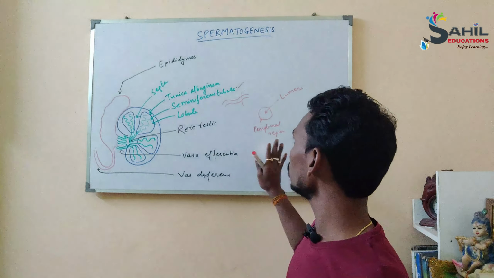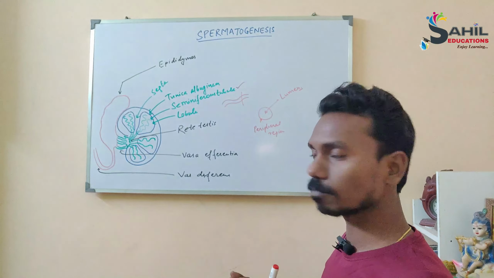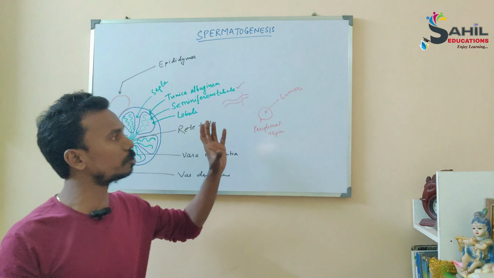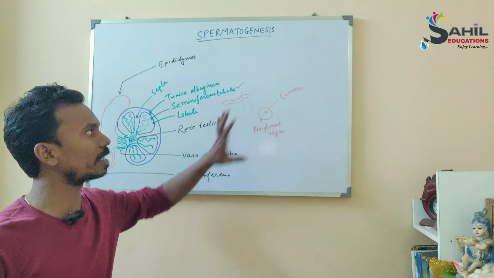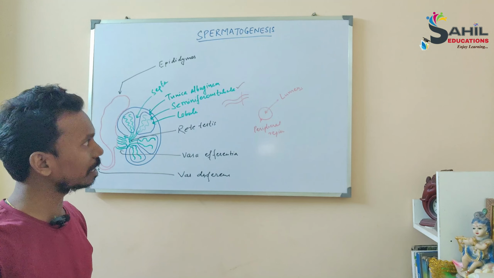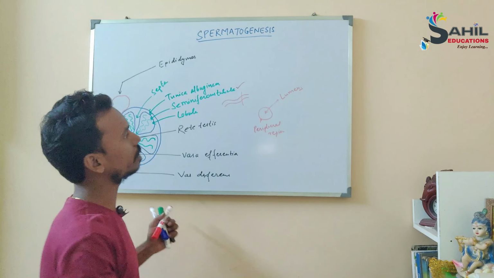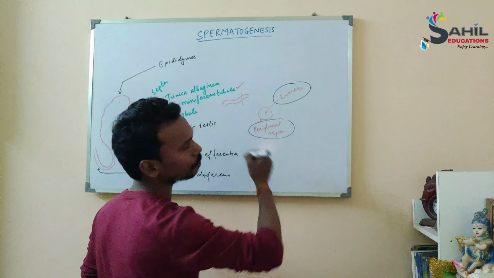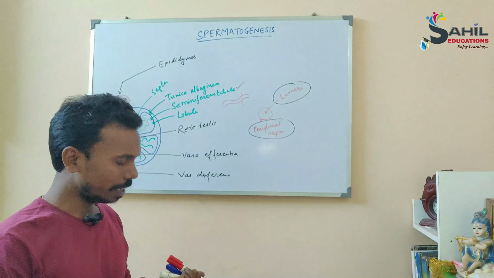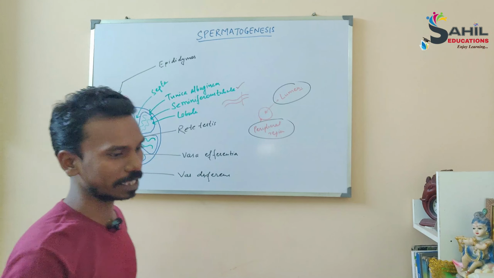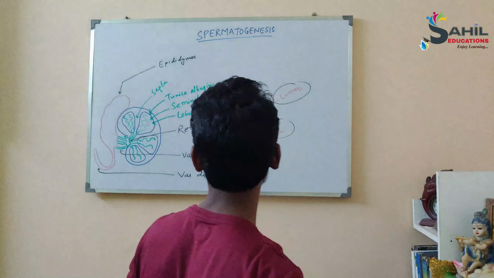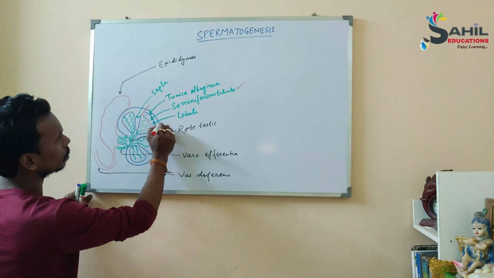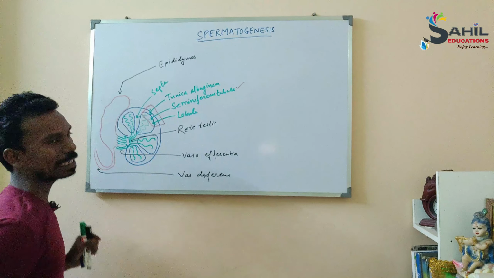So this structure is about the seminiferous tubule. The tubular structure actually looks like this, and its orientation is such that the peripheral region is present and a lumen is present in a tubule. Let's talk about a cross section of this testis. If you cut a section of the testis, what will you see?